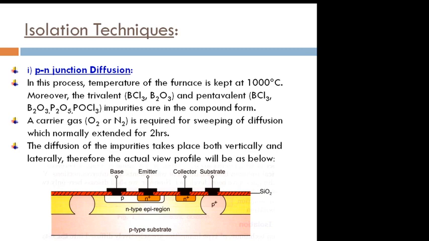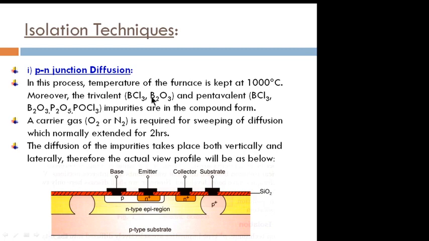Okay, over here we are discussing the p-n junction diffusion. I told you it requires the furnace frequently, and you should do the process at 1000 centigrade, where either you make a p-type material or an n-type material.